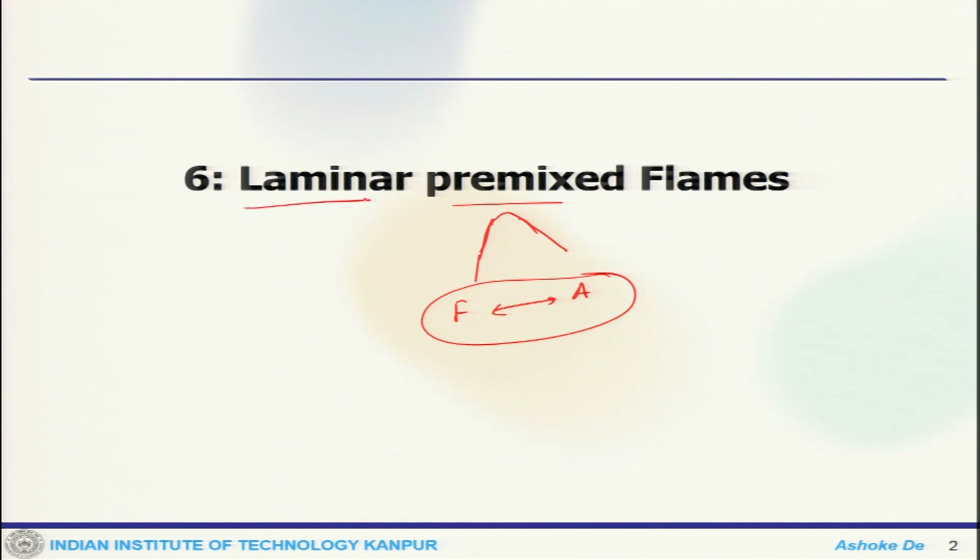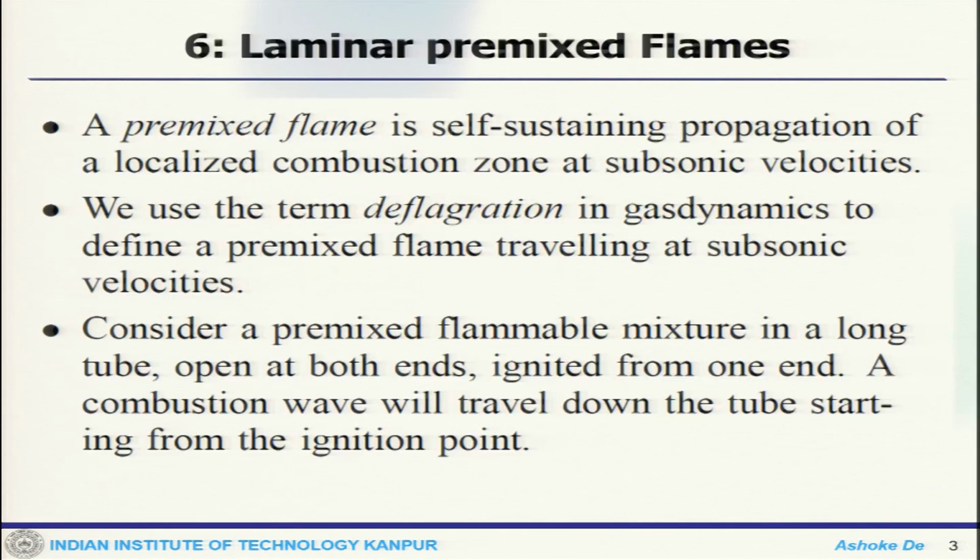Laminar comes from your fluid mechanics, meaning the flow is laminar. As soon as you say laminar premixed, you can get some idea about the scales and all these things. So, let us go into that discussion.